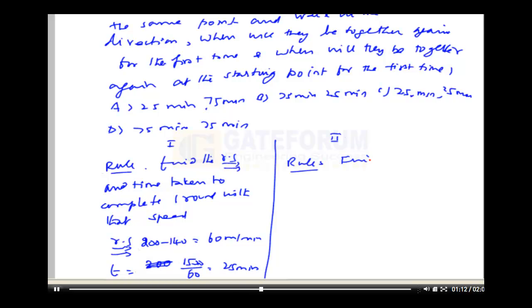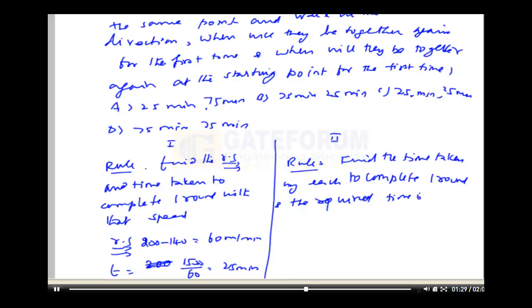Second, find the time taken by each to complete one round, and the required time is their LCM. Time taken by A is 7.5 minutes.